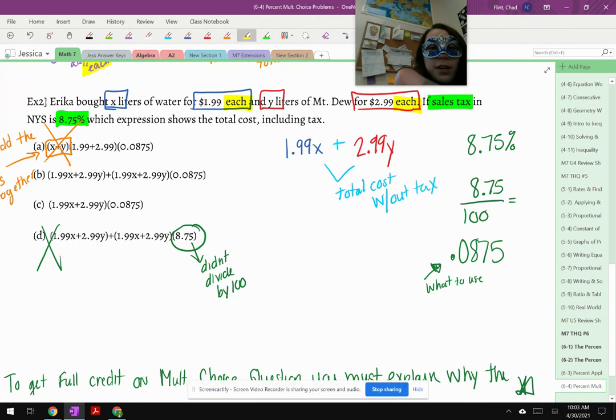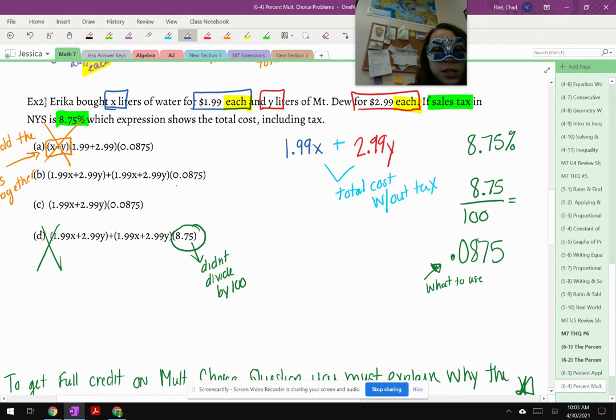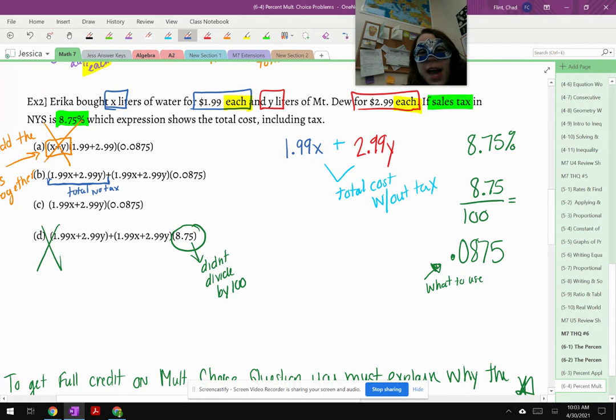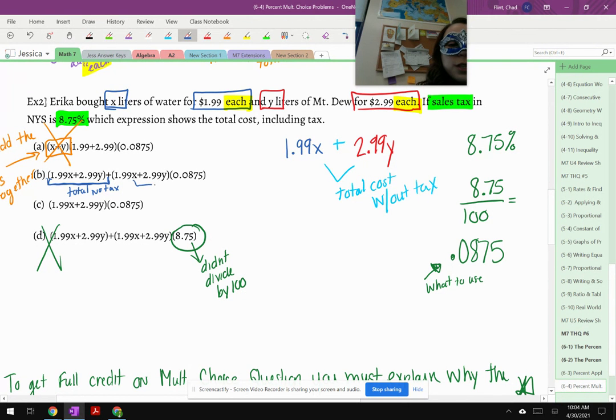Okay, we're almost there. So then, our last two choices, let's look at the difference between them. The difference between these two choices is just this piece right here. We already said this piece was the total without tax. To get the tax, we would need to get the total and multiply it by that decimal, which is what they're doing here.